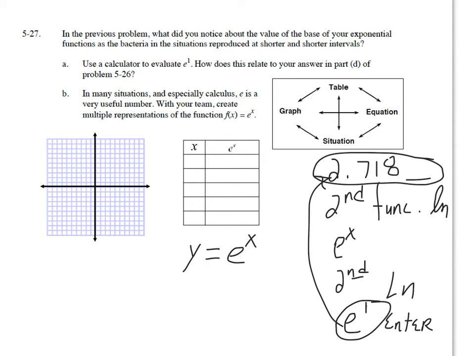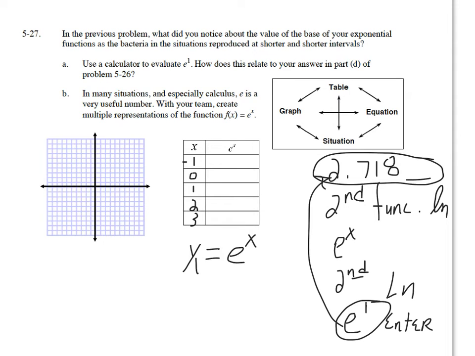So let's build a table on your calculator. So you're going to go to y1, type in e raised to the x, and let's go from x being negative 1, 0, 1, 2, 3.